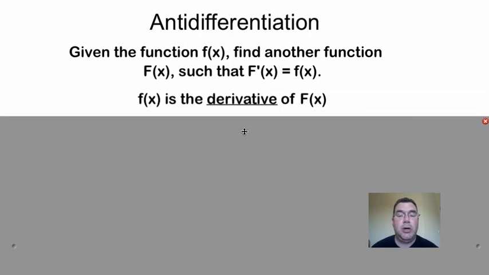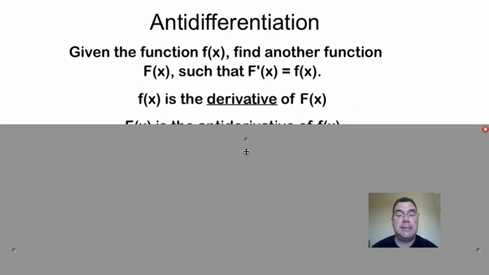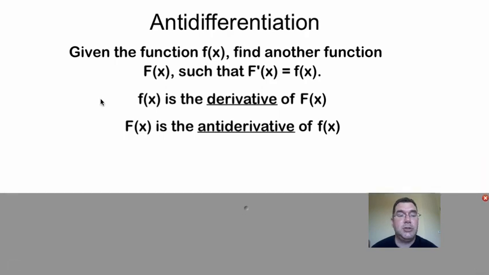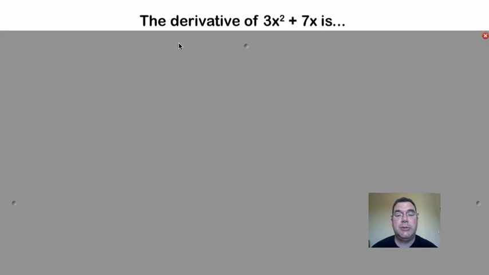All right, so f of x is the derivative of capital F of x, and so capital F of x is called the antiderivative of f of x because you're working backwards. All right, so that's some definitions for you there, and now let's do some examples.